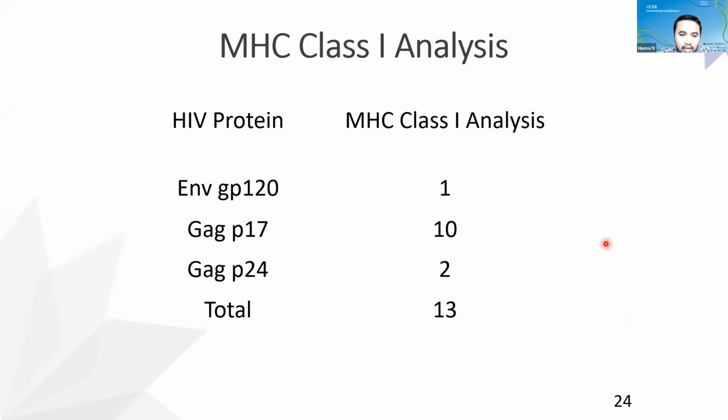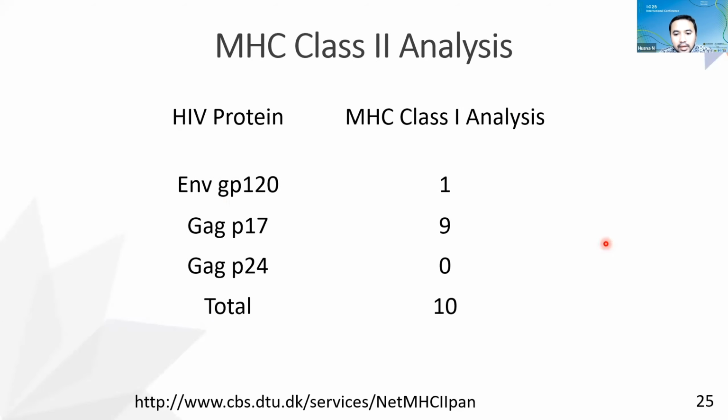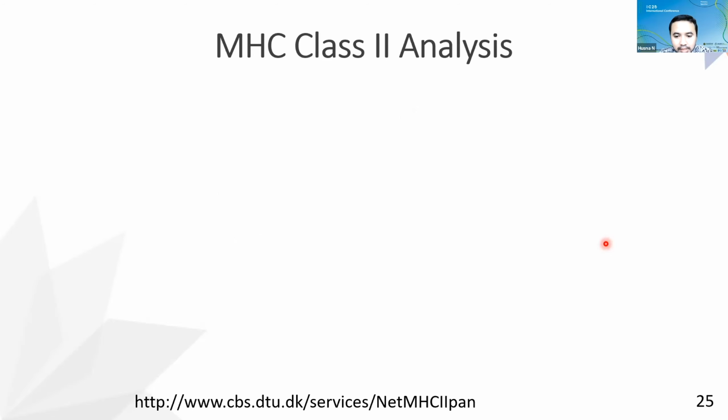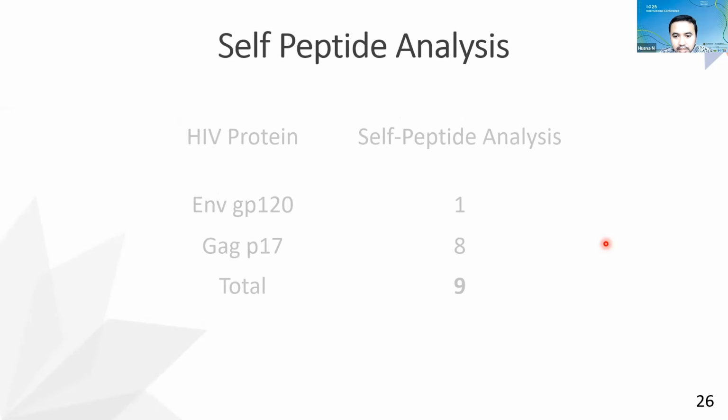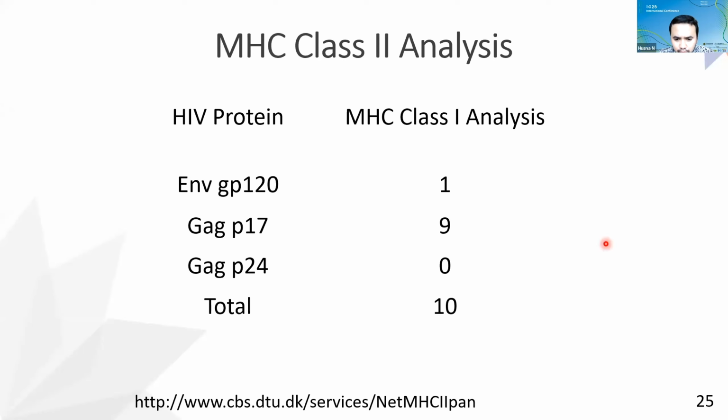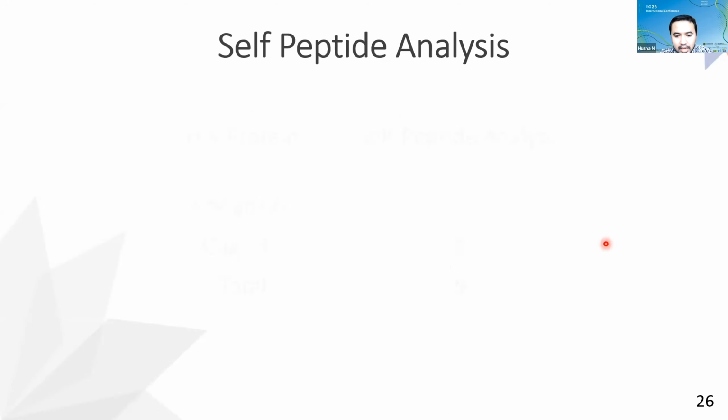When we applied the MHC class 1 analysis, we filtered some epitopes and finally reduced them to 13 epitopes. We also applied MHC class 2 analysis, and from the 13 we went down to 10 epitope candidates.